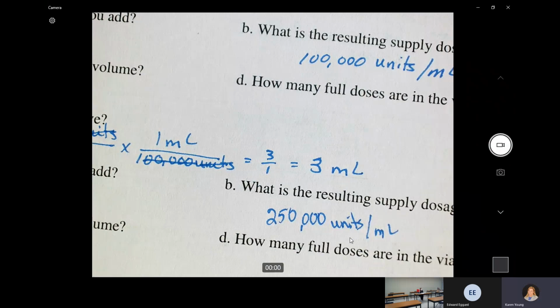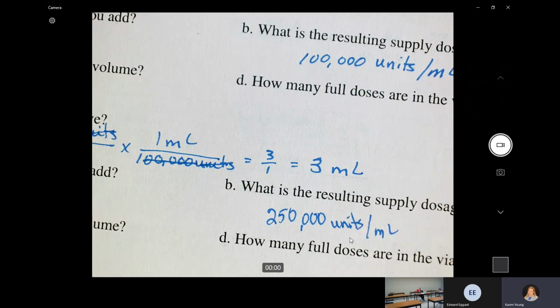And remember, the less diluent you add, the thicker your medication is. I don't care which one you use when you figure these on the test or on the homework, as long as if you choose the 4 milliliters, you use the right supply dosage.